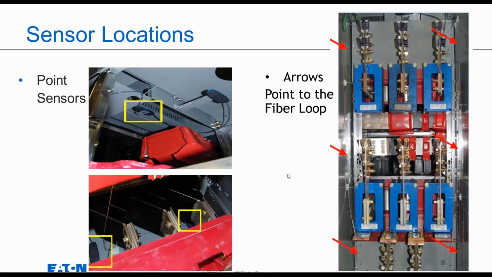So either way, we've tested both and found out that whether it's a point sensor or a fiber sensor, all the tests that we've run have been picked up by both. We didn't find a spot where one didn't pick up and the other did.